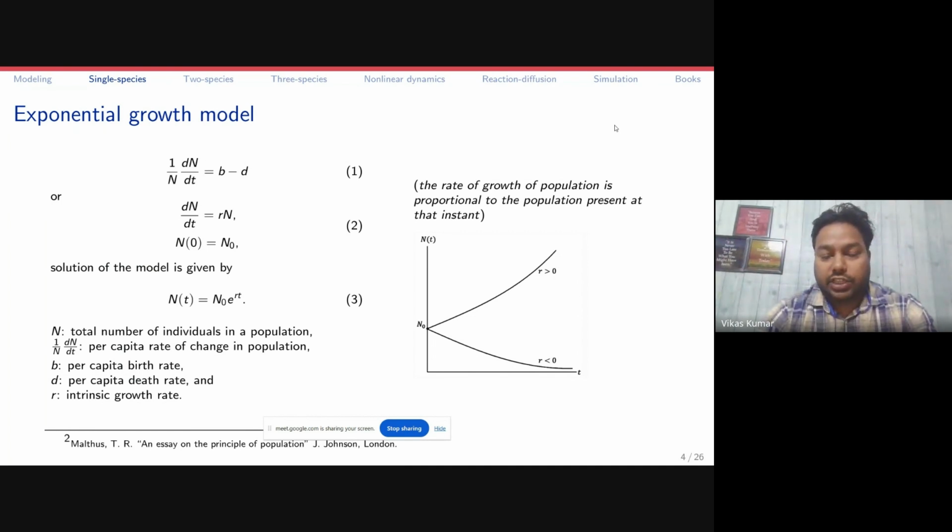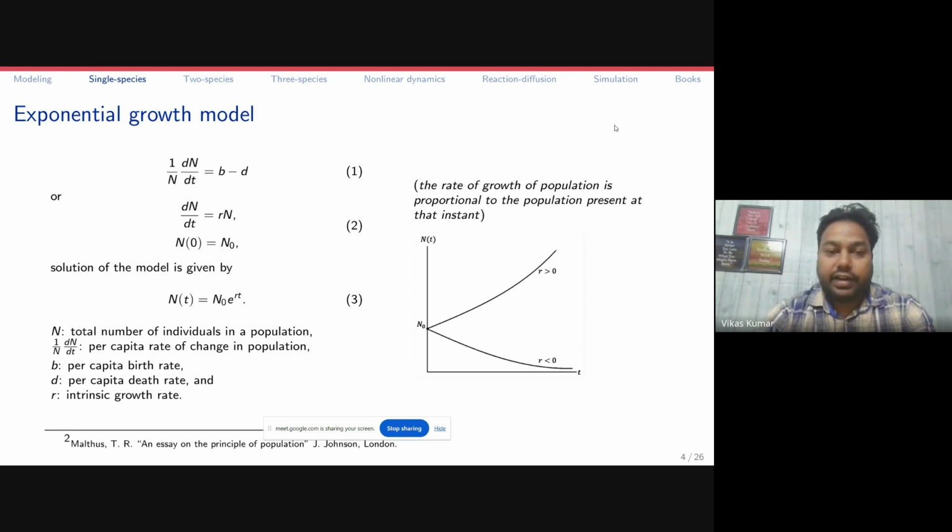Here the assumption of population growth was that the rate of growth of the population is proportional to the population present at that instant. So dN/dt, the rate of growth of the population, will be directly proportional to its population N. If we remove the proportional sign, then we have a constant parameter r, and we call it the intrinsic growth rate.